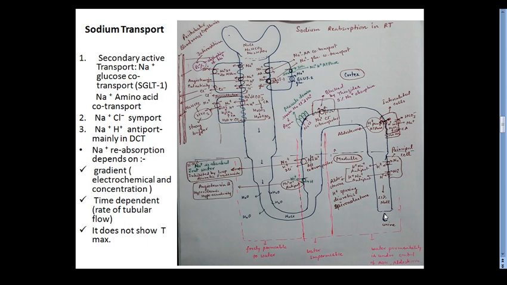That's why, in case of increased GFR beyond the physiological limit, there is diuresis. And this reabsorption and transport of sodium ion does not show a tubular maximum, because a number of ion channels are involved in reabsorption of sodium ion in different parts of the tubules.